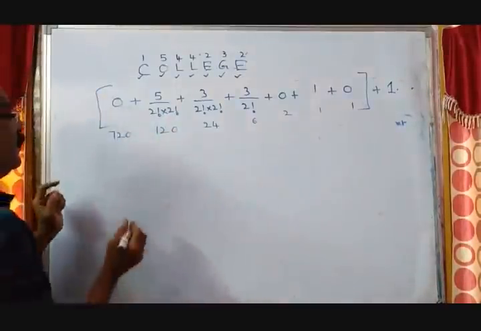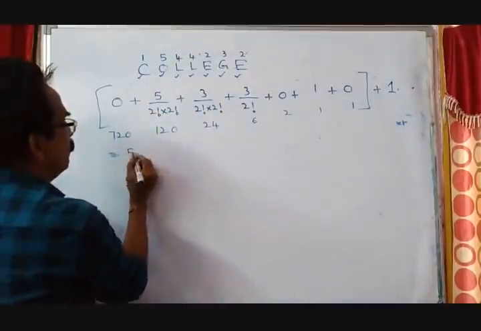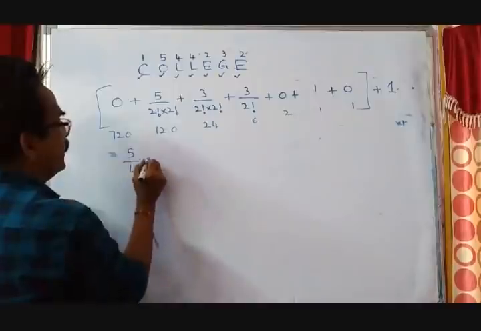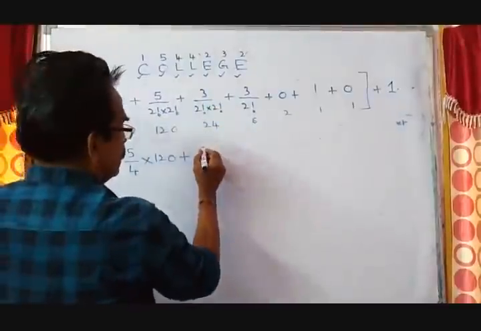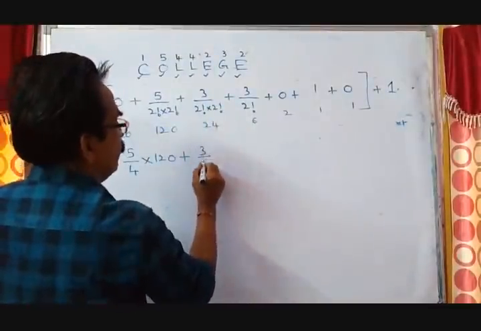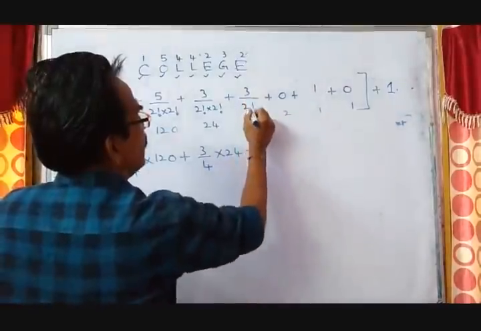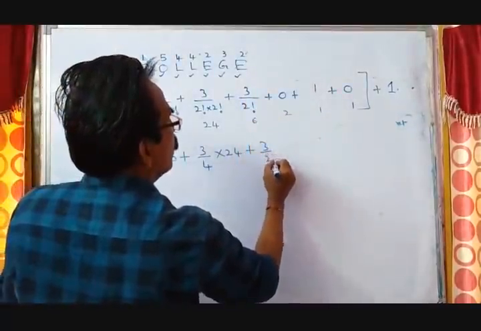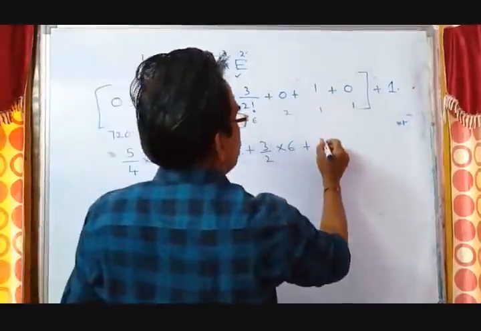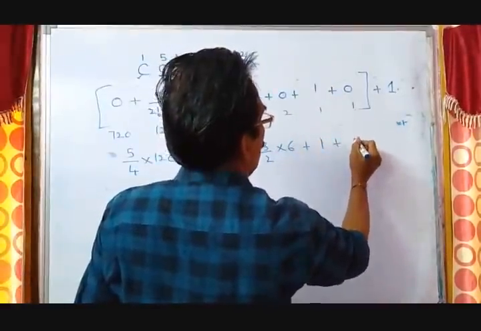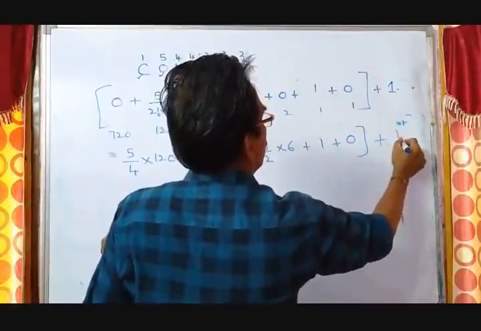So 0 into 6 factorial we will not consider. 5 by 4 into 120 plus 3 by 4 into 24 plus 3 by 2 into 6 plus 0 plus 1 plus 0 plus 1.